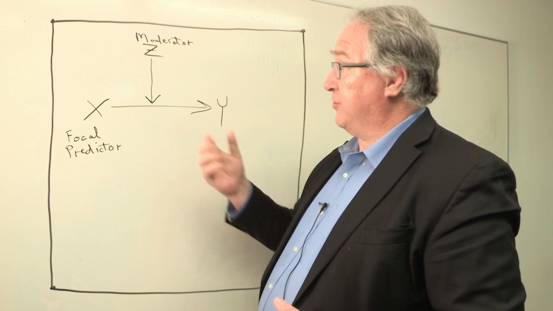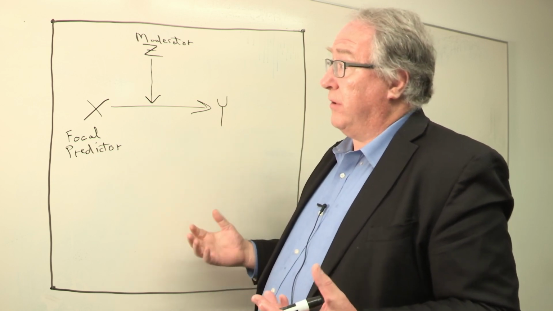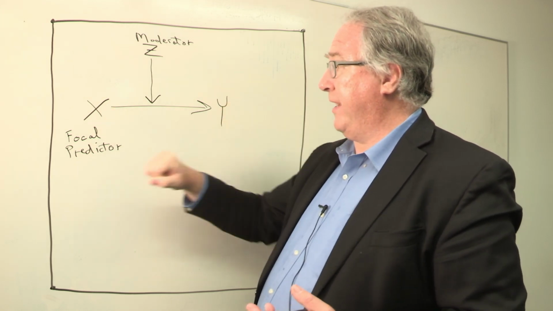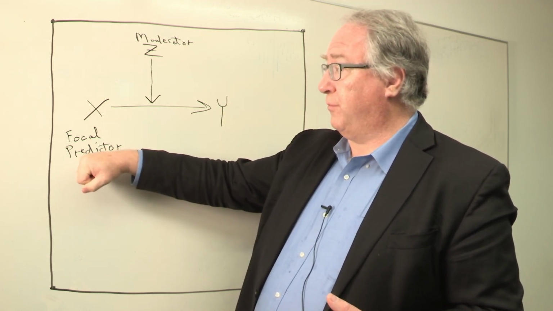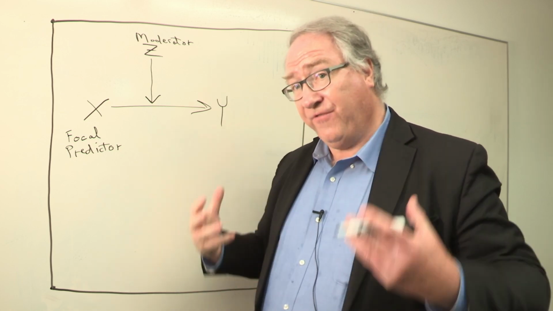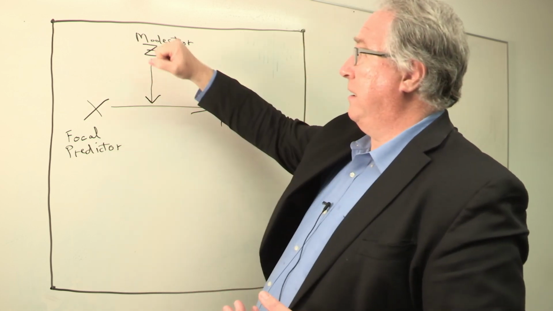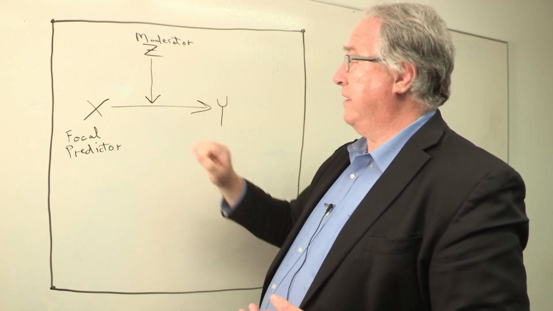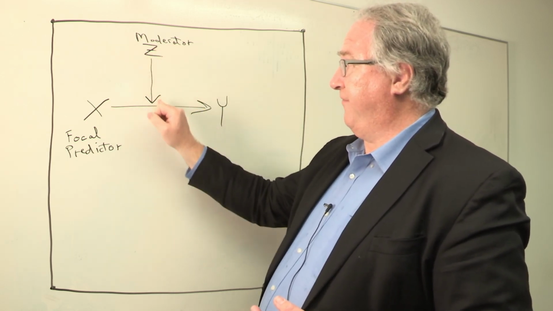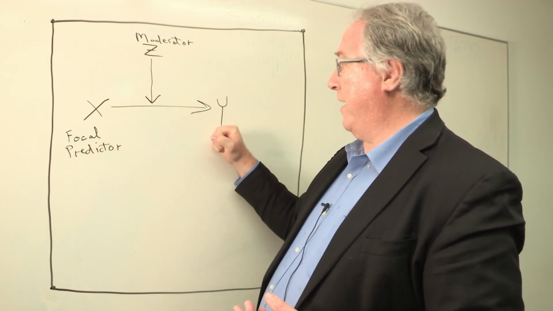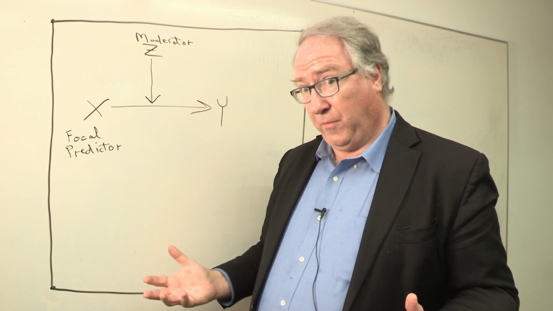And if you see an illustration like this, you know we're talking about the effect of x on y. We're talking about the effect of the focal predictor on y. And we're asking if that effect is influenced by variable z, our moderator, if the moderator is influencing the effect of the focal predictor on y, our dependent variable.